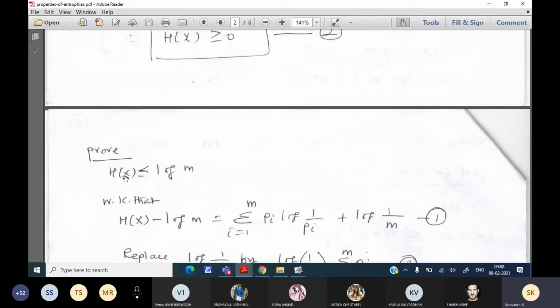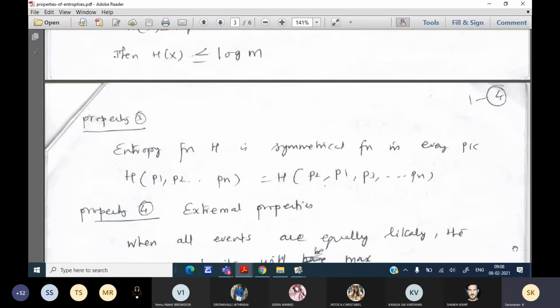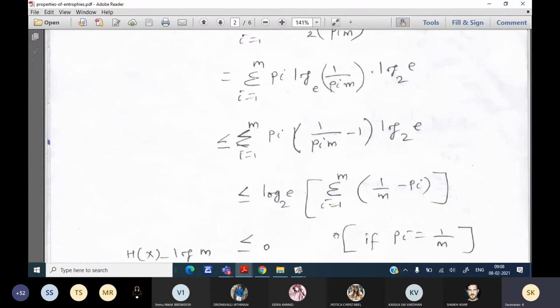I'm taking h of x minus log m. I'm going to express everything, and I'm going to prove that it is less than or equal to 0. This term is going to become 0 only when pi is equal to 1 by m, where i is varying from 1 to m.